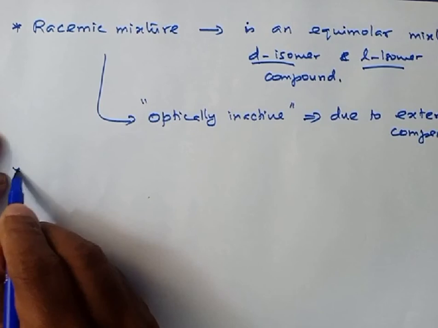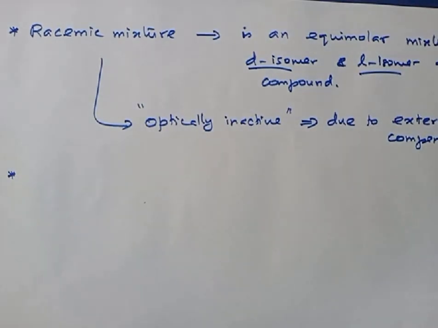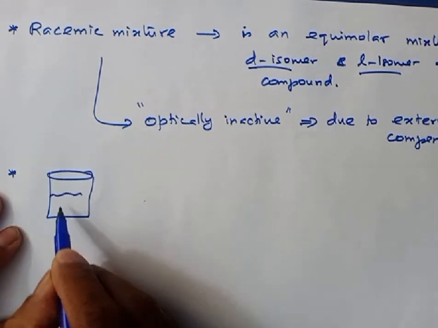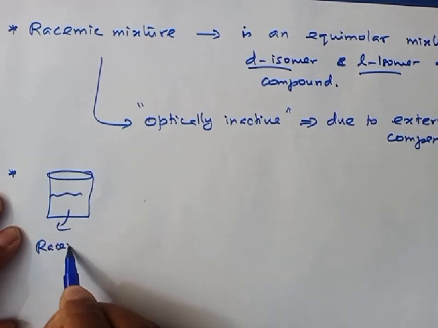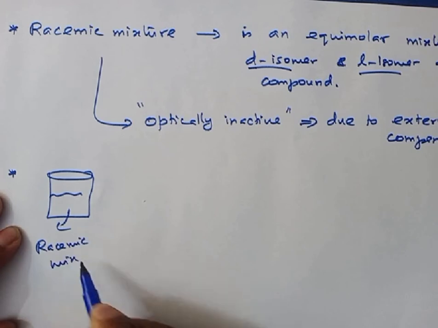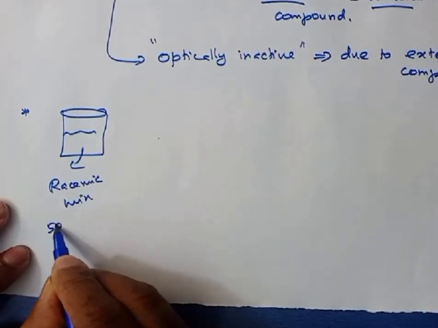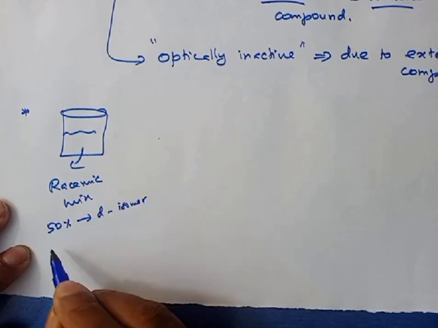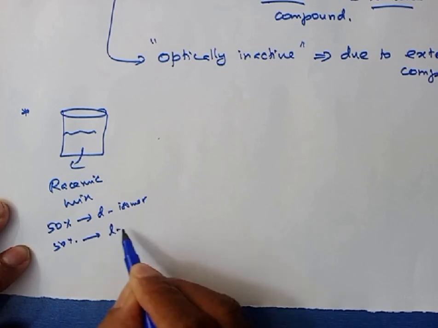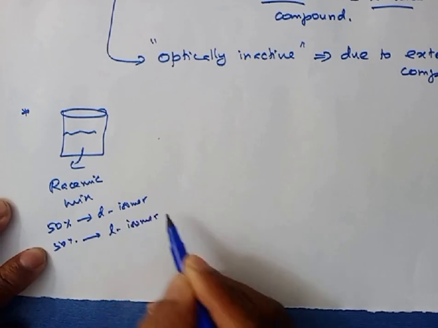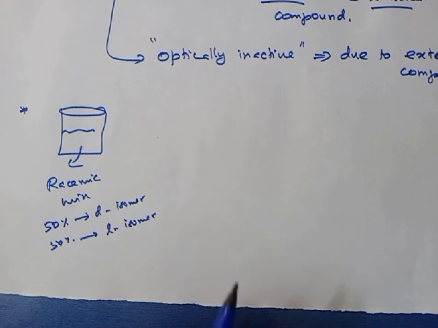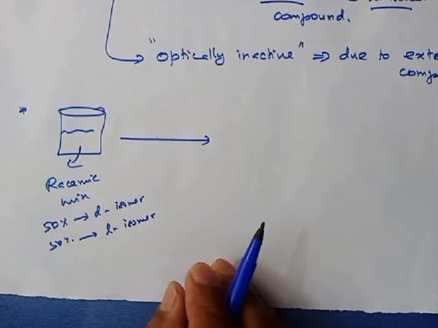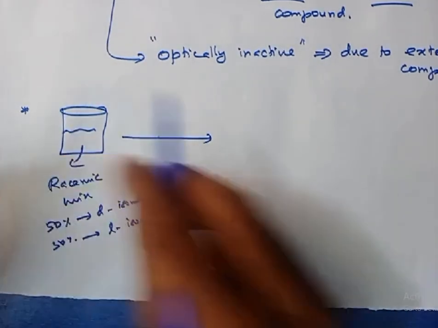Next point. Suppose I give a racemic mixture. So this mixture is a racemic mixture. Racemic mixture means I have 50% of D isomer and 50% of L isomer. Now what I'm going to do, by using some technique, I'm going to separate the D and L isomers.